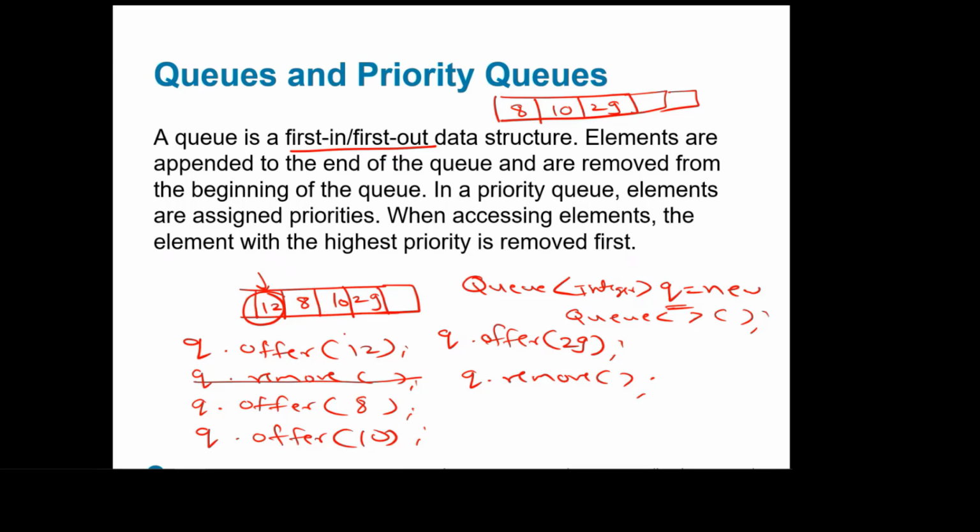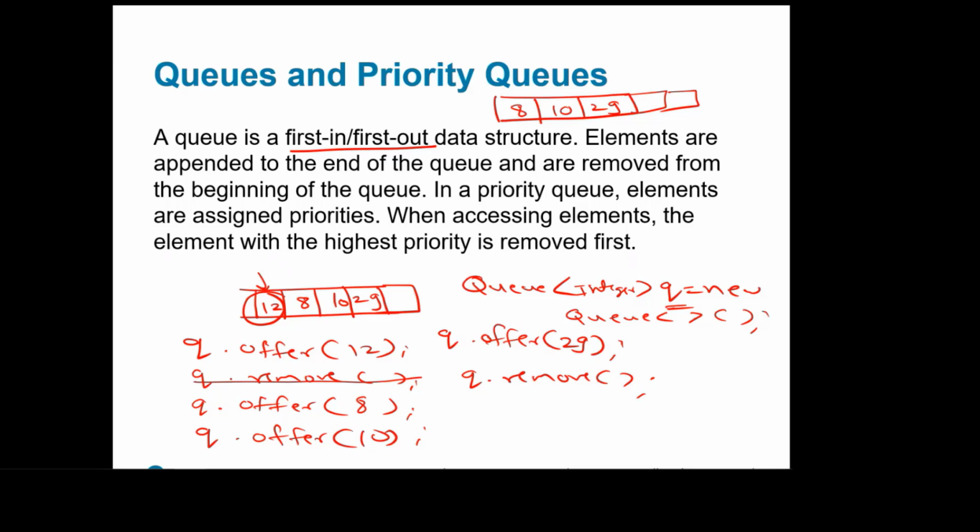So here we do not have any priority. Whichever element comes first, that element gets out first. And now suppose there are certain people who need to be given more priority. So for example, there is a line and the president comes, and then we want to give special treatment to them, and maybe we want to get their work done fast, or people or processes who have higher priority.